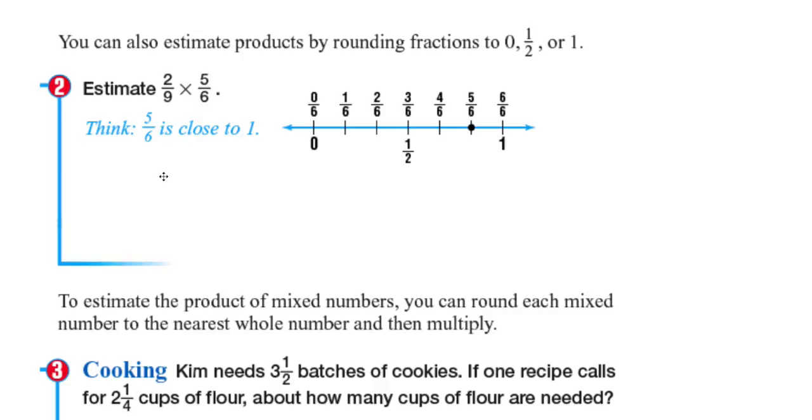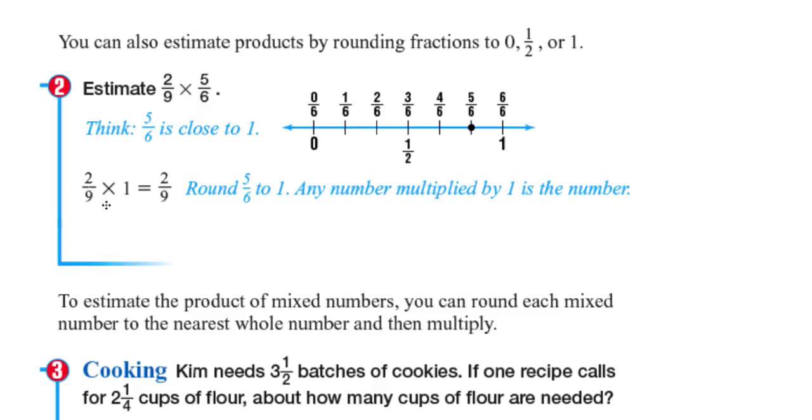The identity property states that any number multiplied by 1 gives you the same number. So we don't touch 2/9. We simply multiply 2/9 times 1, which is equal to 2/9. Therefore, 2/9 times 5/6 is about 2/9.